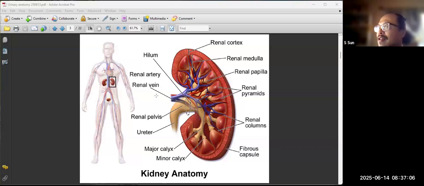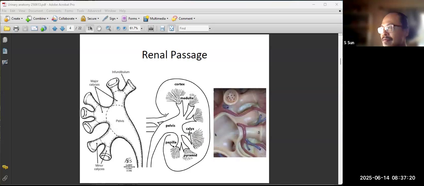So if we remove all these blood vessels, what do we see? What are those tubes that only have urine? The tubes that only have urine will be like this. So this is a renal urinary passage right here. So basically you can see that this region is called medulla.